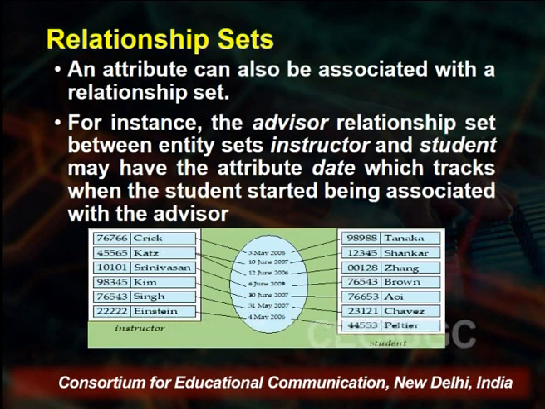Here, the attribute of the relationship set advisor is date, and that date is when the student started being associated with the advisor, or the student enrolled under that particular advisor. So, the bottom line is that an attribute can also be associated with the relationship set.